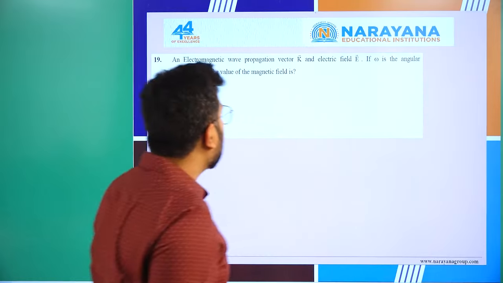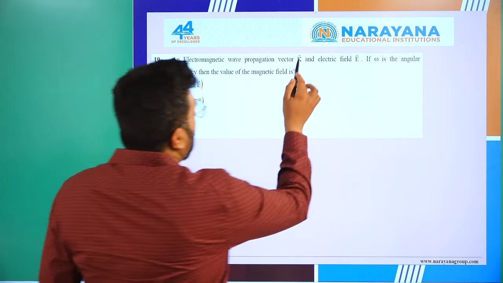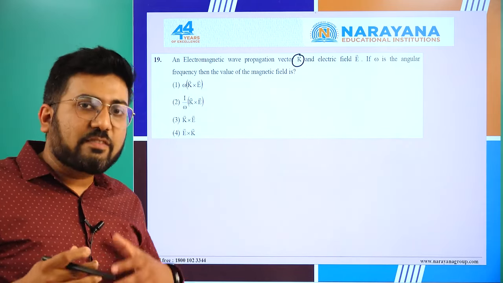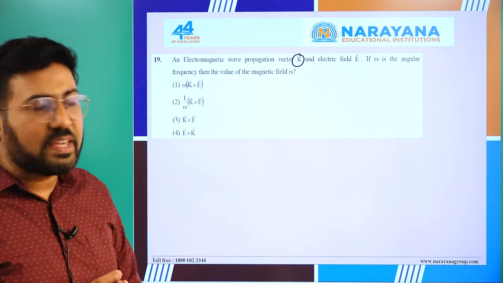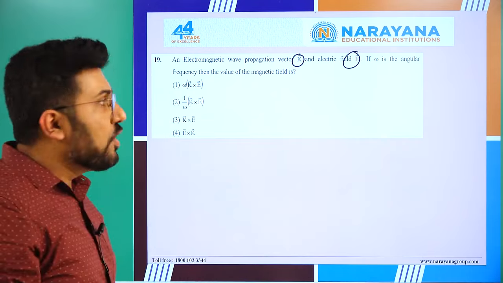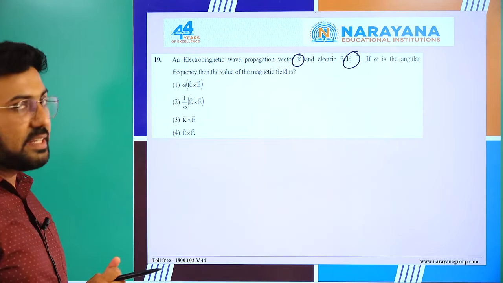In the next question, it is given that we have an electromagnetic wave whose propagation vector is k vector. So, basically the wave is propagating along the direction of k vector, and the electric field is E vector. Omega is the angular frequency, then the value of the magnetic field is.